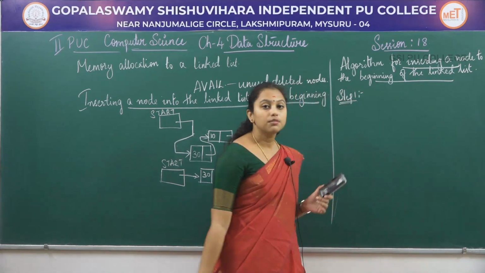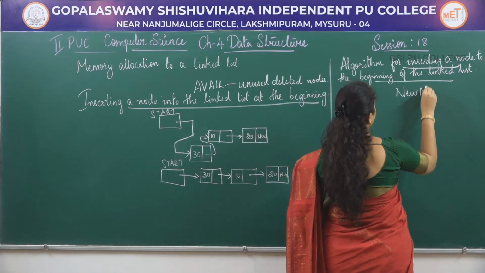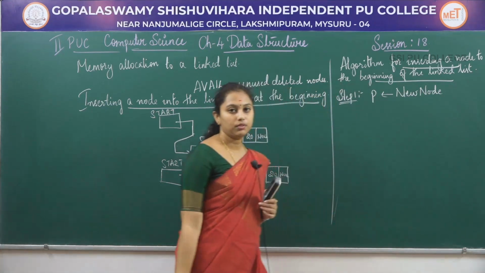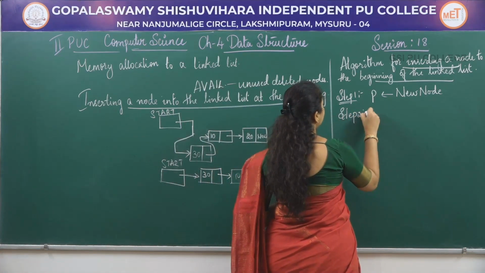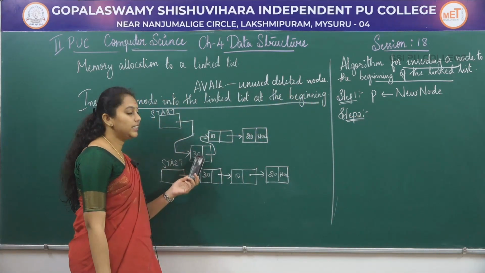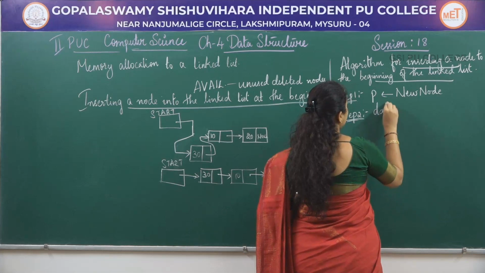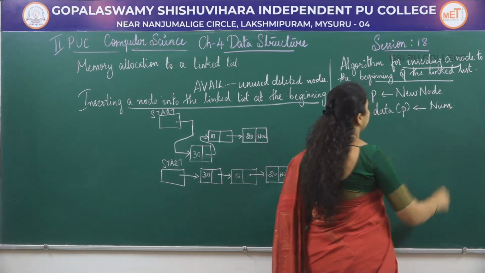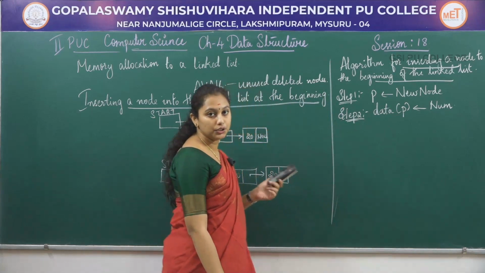First step, we have to create a new node. Let that new node be P. In step 2, I am going to fill the information in the data part of that node, data of P. We are inserting a number to the data part of the new node.